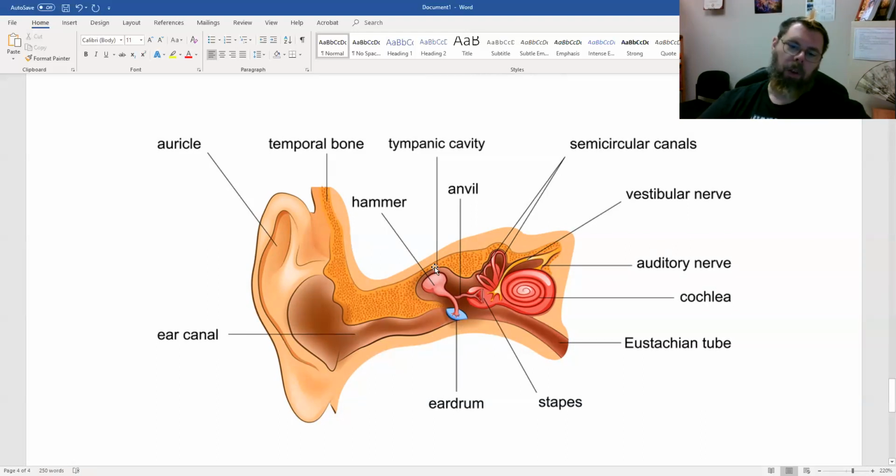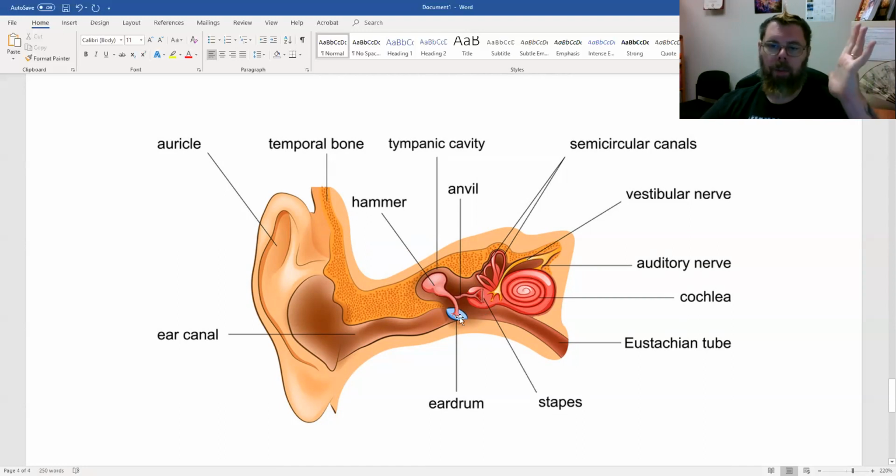And then it's connected to this whole weird apparatus with the hammer and the anvil, and the whole communist flag is in there. There's a sickle, and I don't know, a stirrup or a stapes, right? And then there's another membrane here leading into this fluid-filled thing, the cochlea. All right. So this is another step down.